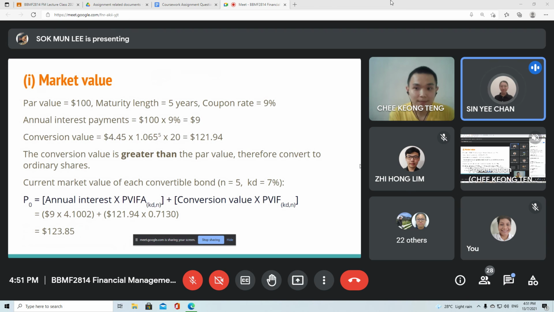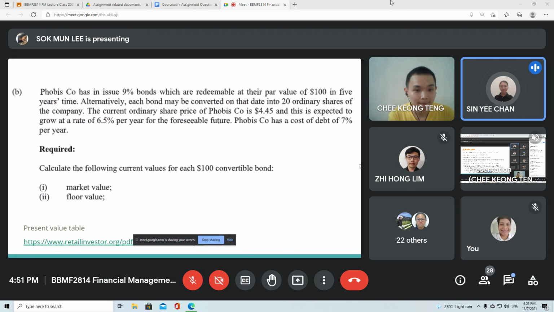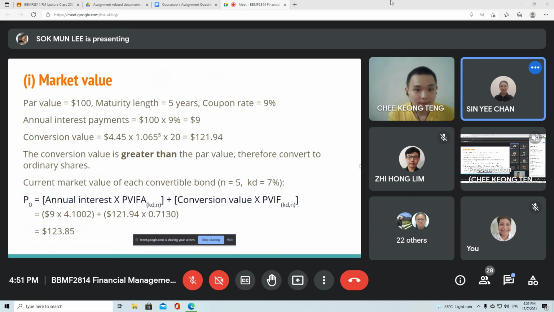Question B, to calculate the market value of each 100 ringgit convertible bond. The par value is 100 and the maturity length is 5 years. The coupon rate is 9%. So the annual interest payment, we use the par value times the coupon rate, we will get 9 ringgit per annum.